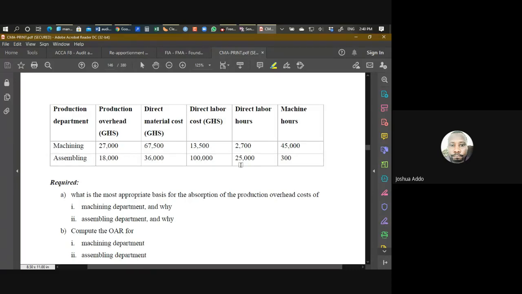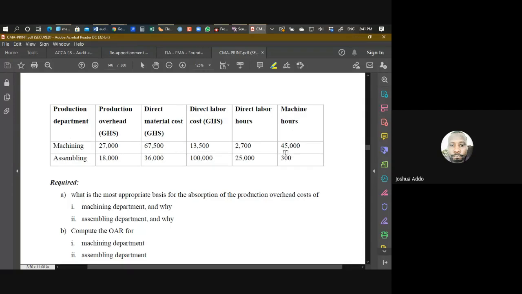So assembling is more human related: human beings putting the parts together, attaching labels, packing them in boxes. So it has more labor hours. Assembling has 25,000 labor hours. In the machining department, even though largely machines are there, human beings operate the machines, and we have 2,000 compared to 25,000. That tells you what is happening in the various departments.